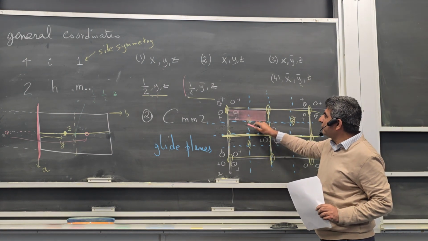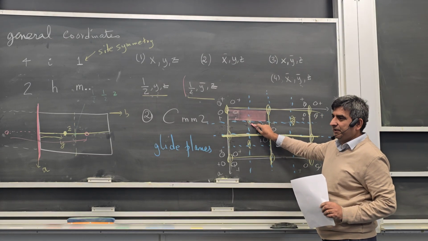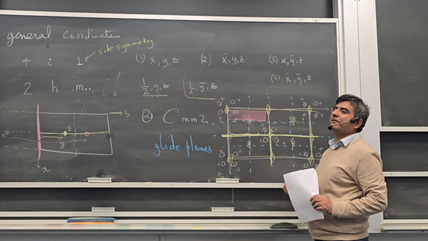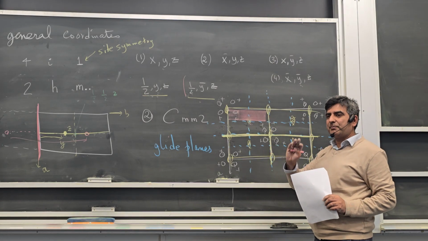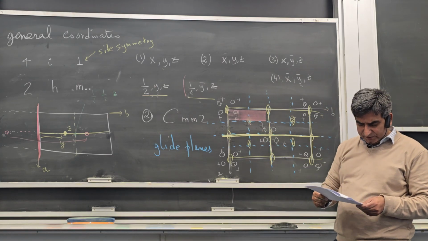So only on its outer edges do you find a proper rotation or a mirror plane. Inside you have glide planes, but that's not a point operation. So the symmetric unit has reduced.